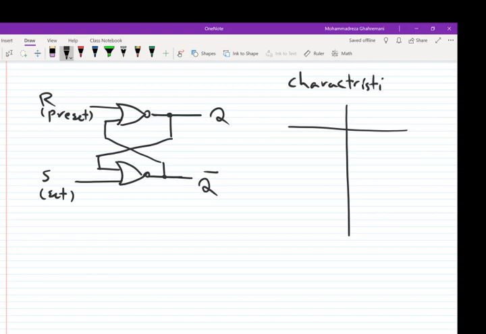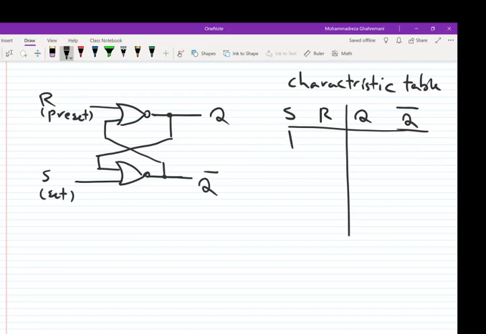We have two inputs S and R, and we have two outputs Q and Q bar. Let's change the inputs in some order and see how the output changes.